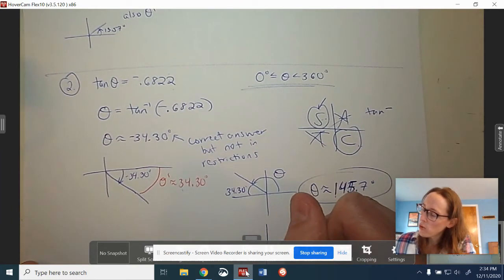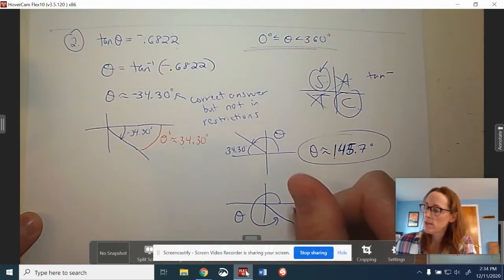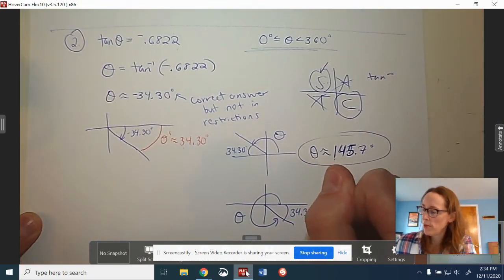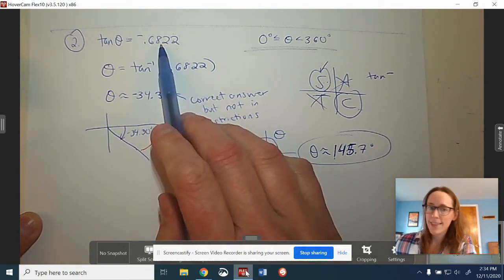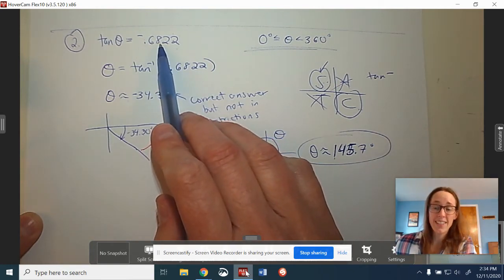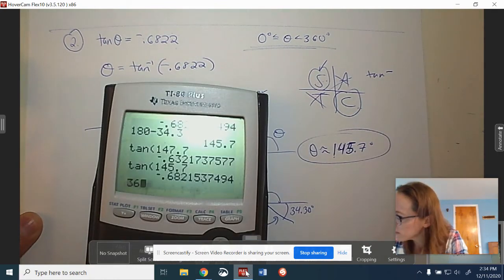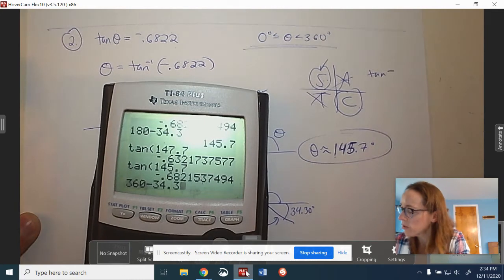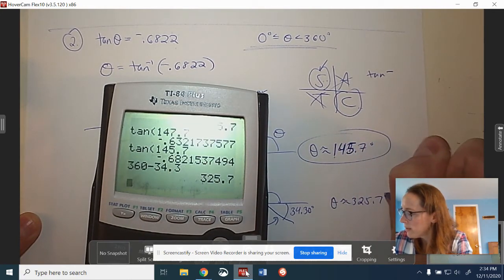Now we need the answer in quadrant 4. So I'm looking for this angle such that the reference angle is 34.30. Because if the reference angle is 34.30, then I'm going to get this number, the 0.6822. Okay? So I'm going to do 360 minus 34.3. I'm going to write the correct answer this time. There we go.